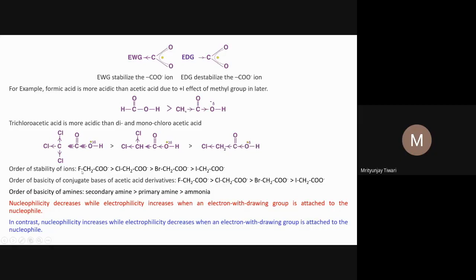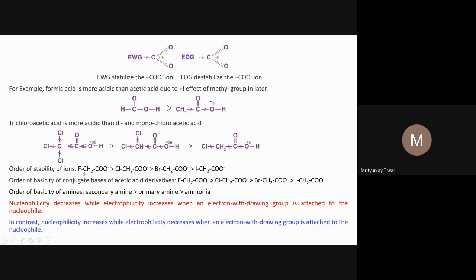So more charge dispersal will happen in this case than in the monochloro substitution, and in this case more charge dispersal will happen than in this one.